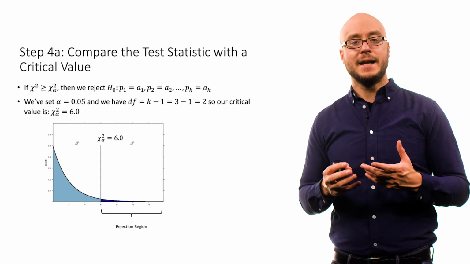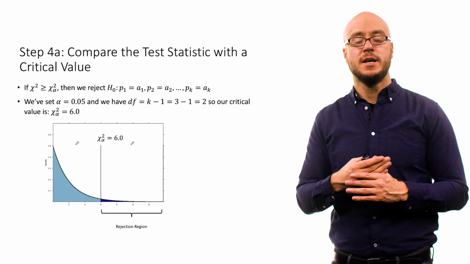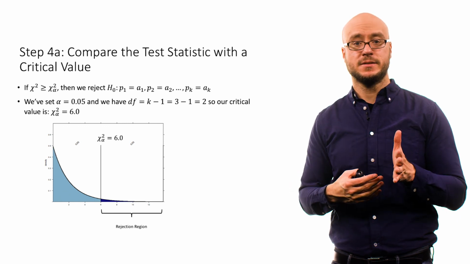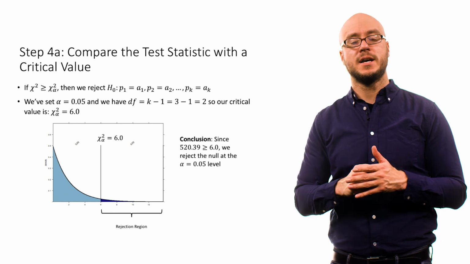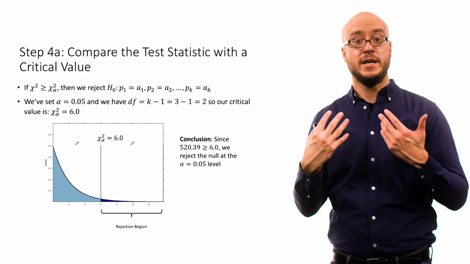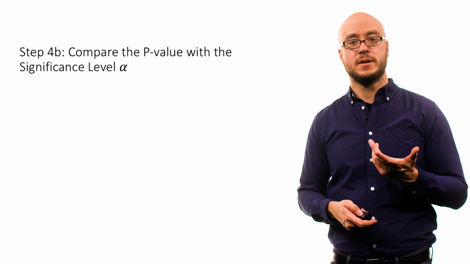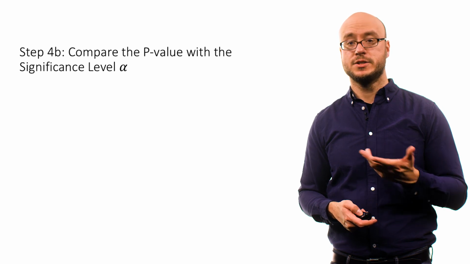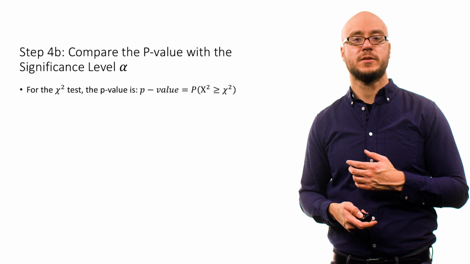Using that, our critical value, our benchmark by which we can judge our chi-square test statistic, is 6. If we observe a chi-square test statistic greater than or equal to 6, then we can reject the null. In our case, the chi-square test statistic is very large, much larger than 6, so we can reject the null.